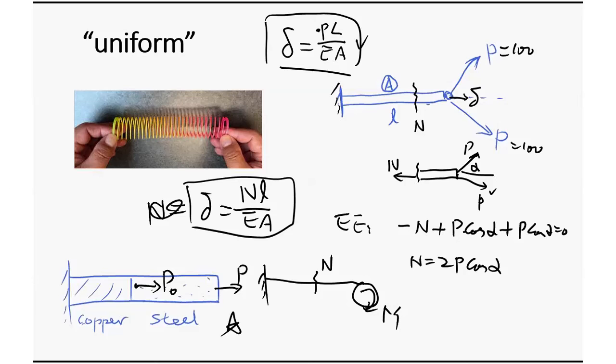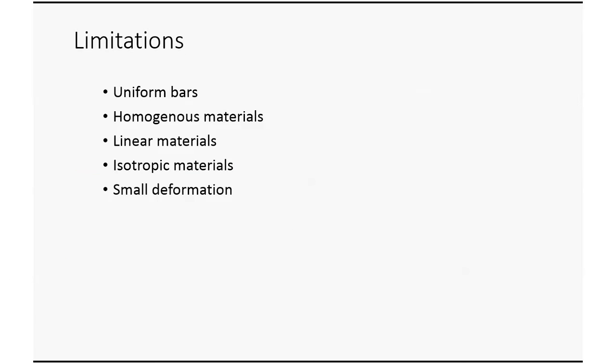Okay, another question. All right, if no other question, now let's quickly summarize the limitations for this equation. So you have to have a uniform bar. This is actually what I already said, right? So just put it in Word, and I'm going to post the slide, so you don't have to worry about missing anything. All right, so homogeneous material, everywhere is the same.